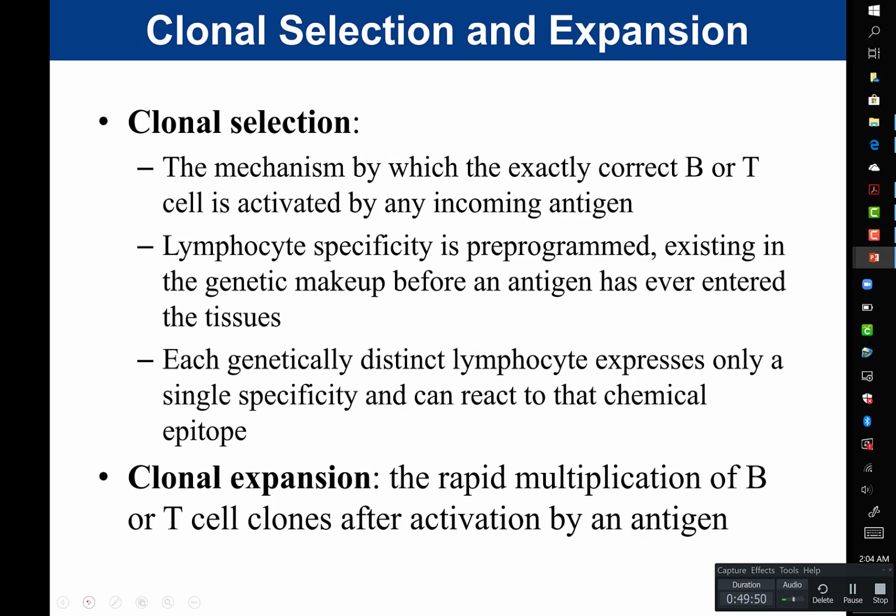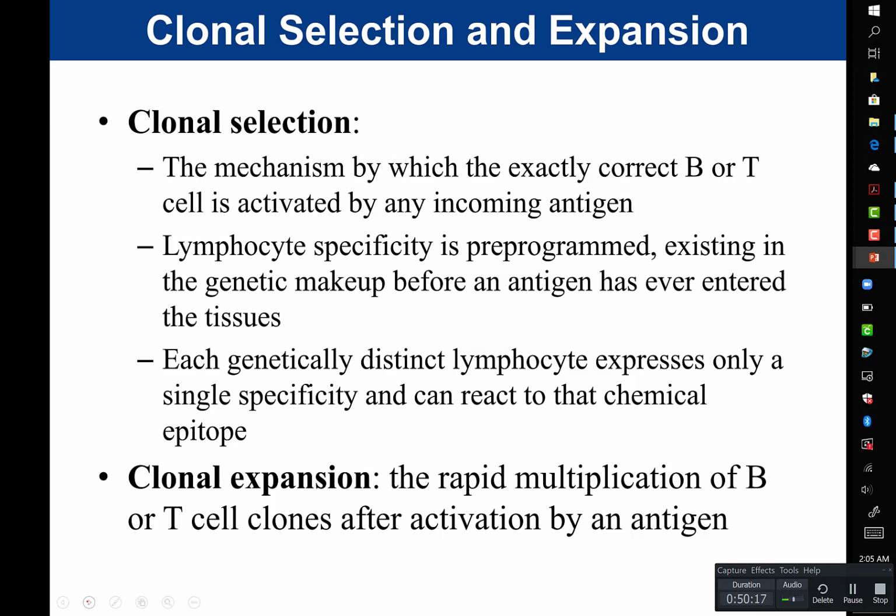How it works is, in your body, you have a lot of B cells and T cells that have a variety of different receptors. And if that receptor happens to come in contact with its antigen, then that particular lymphocyte is going to be selected for. But again, it's not a conscious decision of the immune response.